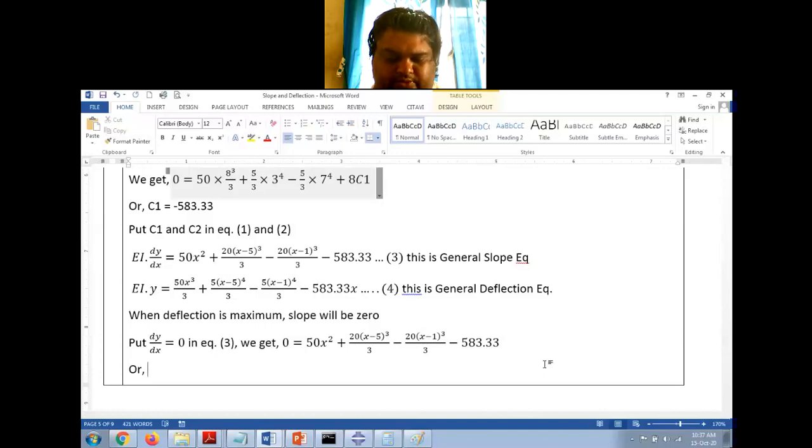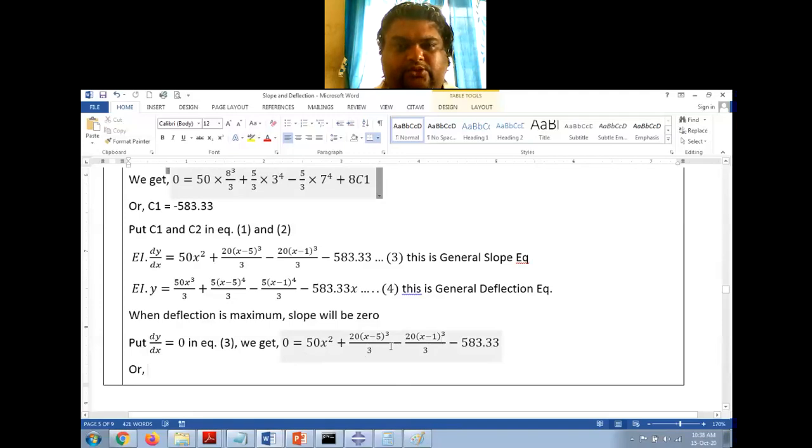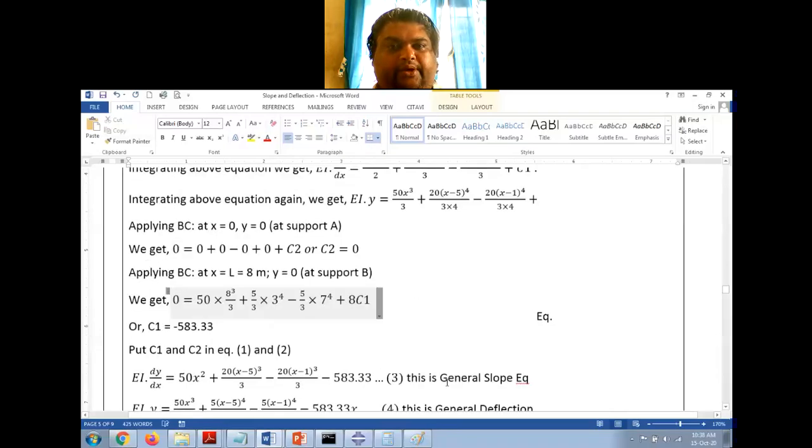Whole cube divided by 3 minus 583.3 is equal to 0. So by solving this, we get x is equal to 3.79 meter, right?